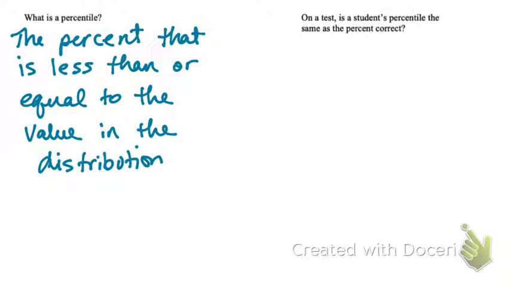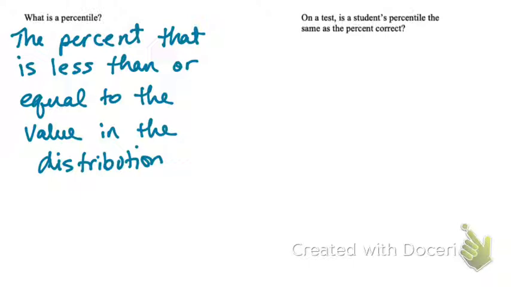So, is your percentile equivalent to what you got on the test? No. So you can get a 50 on the test and be in the 90th percentile. What does that mean about the test? It did not go well, right? If you got a 50 and you did better than or equal to 90% of people, that means that only 10% got more than a 50, okay? That would be sad, right?